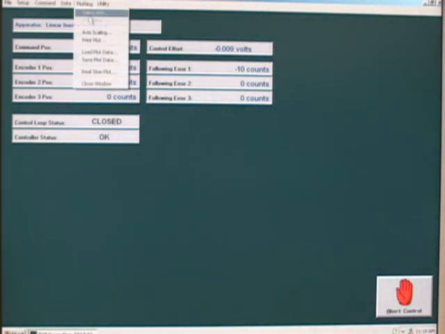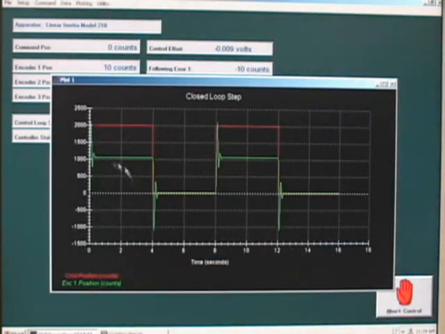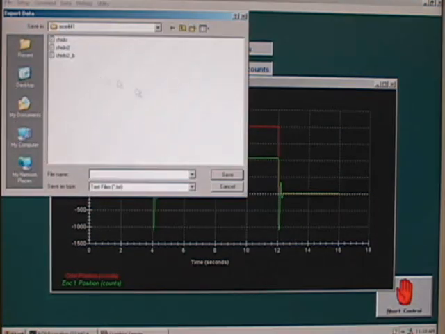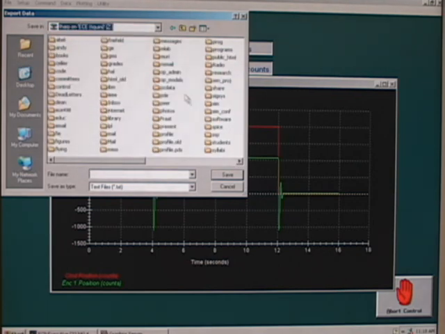And we will then do plotting, setup plot, plot data, and that should then be consistent with what we had for our phase lead controlled system. You will then want to export that raw data via the data window and save that probably to your Z drive and some directory within your Z drive.